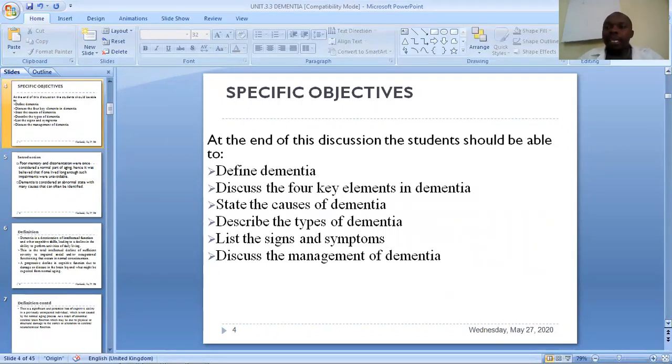When we talk about management, we are referring to the following components. Students should be able to come up with investigations done on a client with dementia.